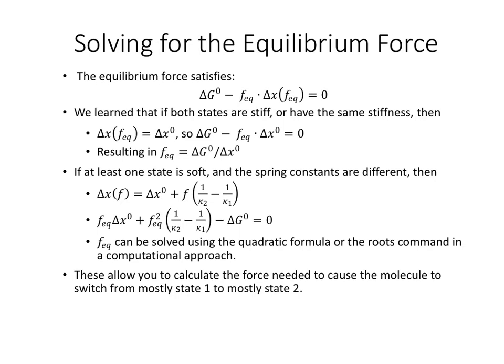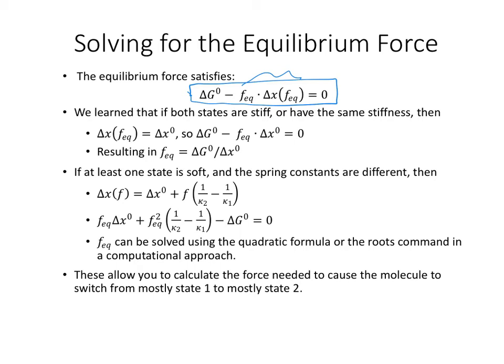Now with this information, we can go back and ask about the equilibrium force. We said before that the equilibrium force satisfies this requirement that the difference in energy without force minus the energy created by the force between the two states has to be equal to 0.